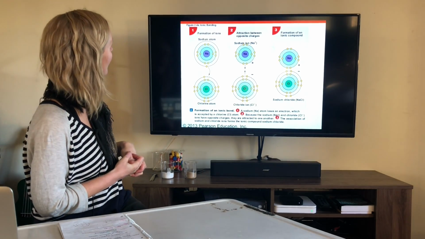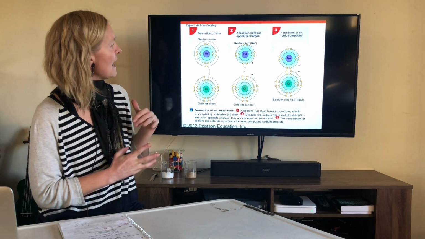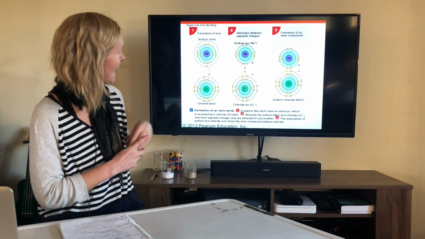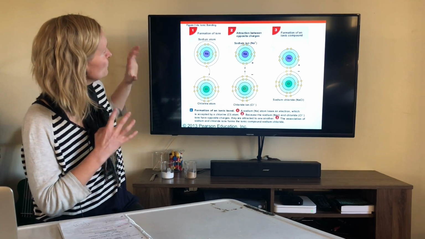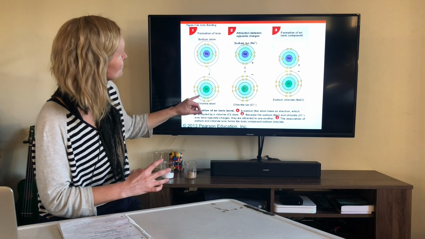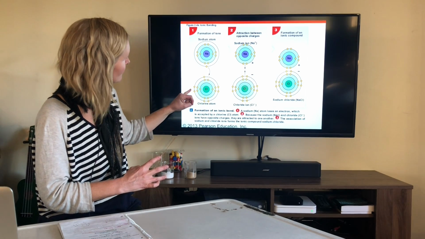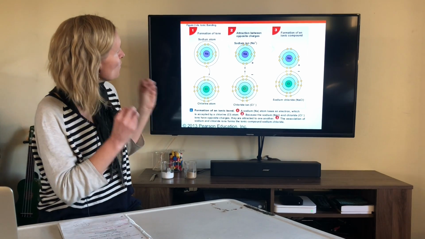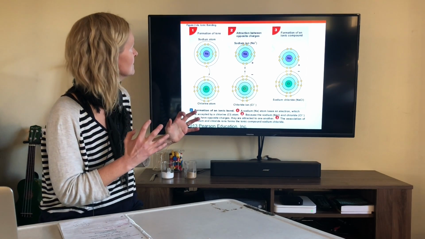Here we have, again, Na, sodium, and chlorine atoms, and they want to form an ionic bond with each other. If you look at the shells of the atoms, chlorine has an almost full valence shell. It just needs one more electron to become really stable.